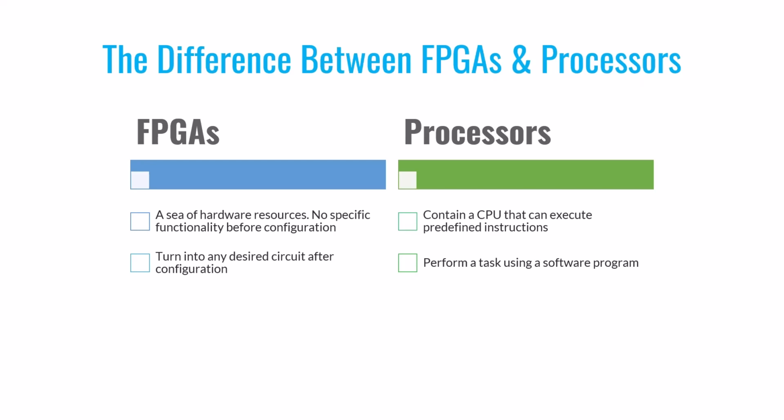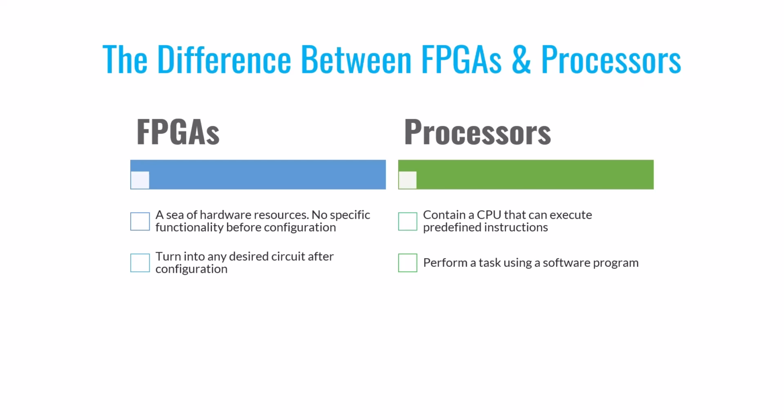However, with FPGAs, there is no concept of instructions because there is no CPU. Instead, you design a specific function for an FPGA by properly connecting the available hardware resources within the FPGA. So when you are working with a processor, it's like designing software. But when you are working with FPGAs, you're essentially designing hardware.